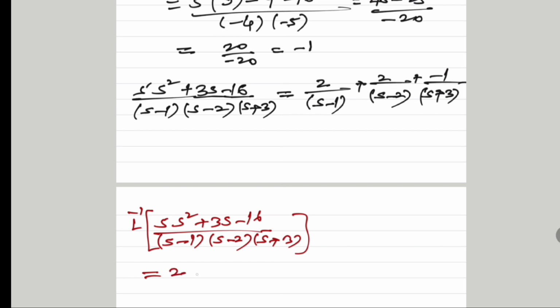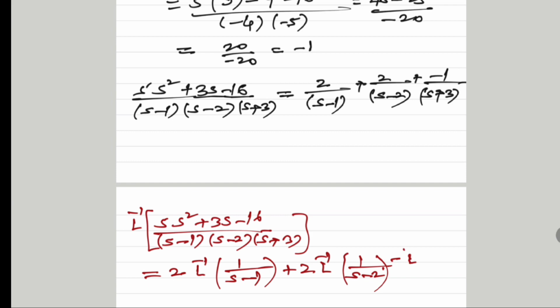Constant term we take outside, therefore 2 into inverse Laplace of 1 upon s minus 1. Again 2 constant outside, inverse Laplace of 1 upon s minus 2, and minus constant term inverse Laplace of 1 upon s plus 3.